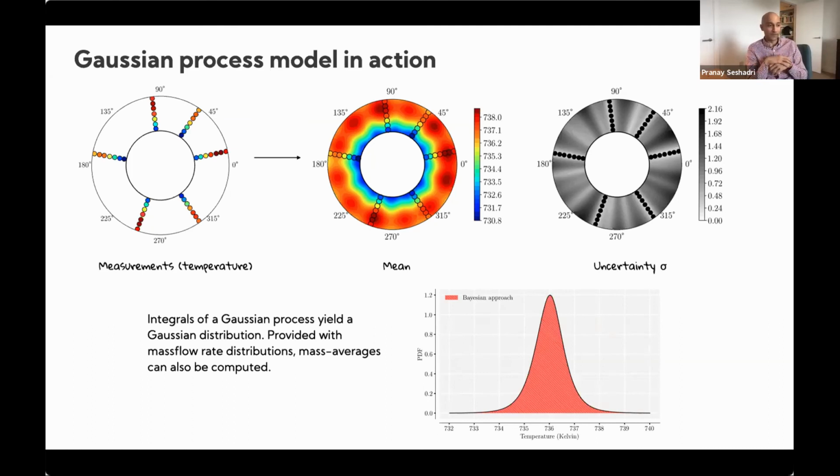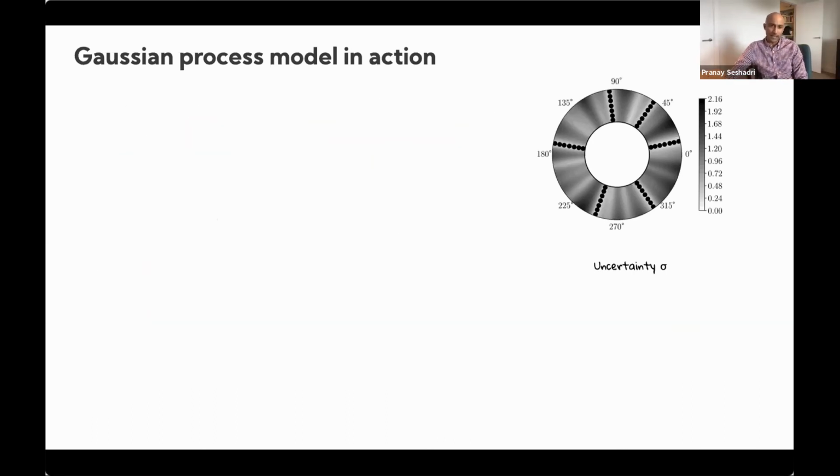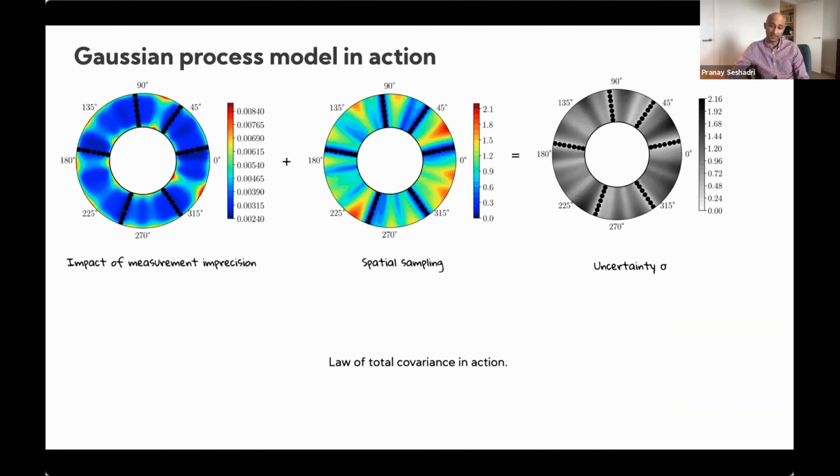Now the problem with that as a metric is there's no guarantee of convergence, i.e. the more instrumentation you add, you have no guarantee that you're going to converge to a fixed value. Whereas with this approach, we have rigorous guarantees for convergence to the true area average. As I mentioned before my deviation about the average, this uncertainty can be broken down, and this is effectively the law of total covariance in action.